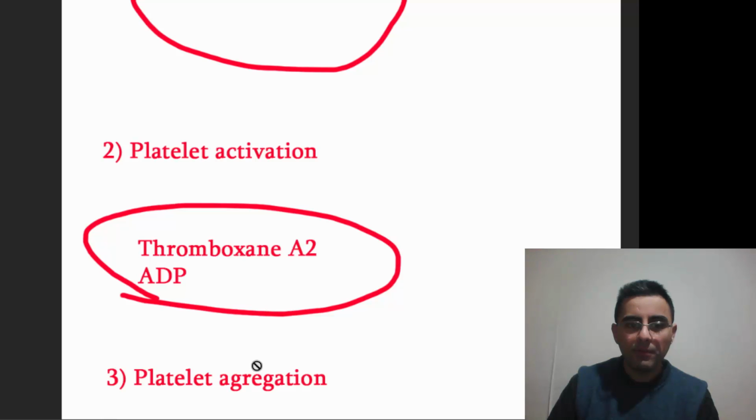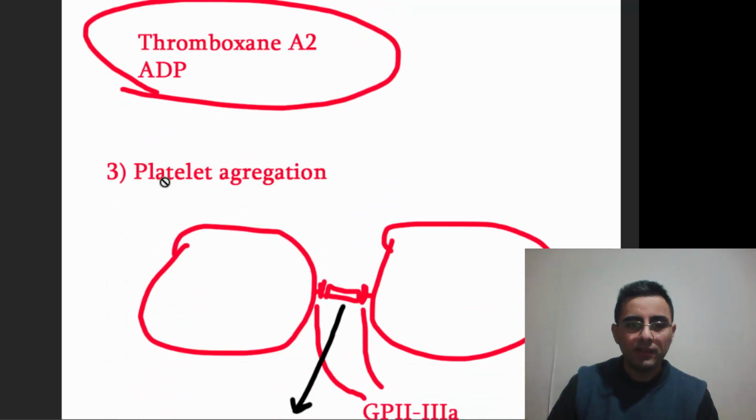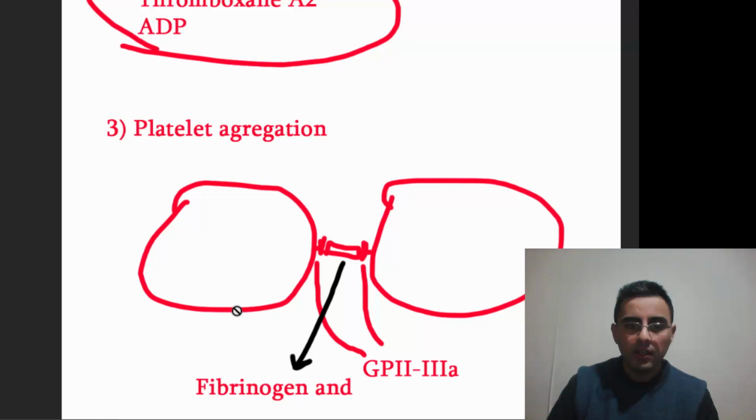Second is platelet activation. Platelet activation is needed for platelet aggregation, for more platelets. For platelet activation, the main characters are thromboxane A2 and ADP. Platelet aggregation means connecting more and more platelets and sticking together.